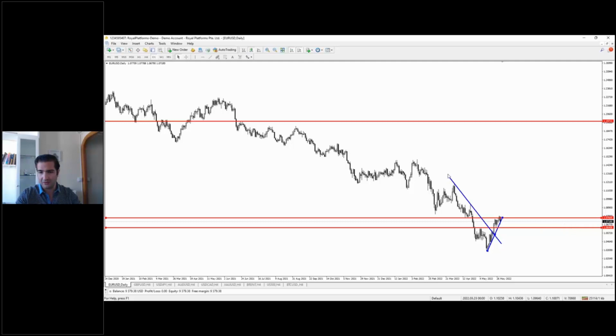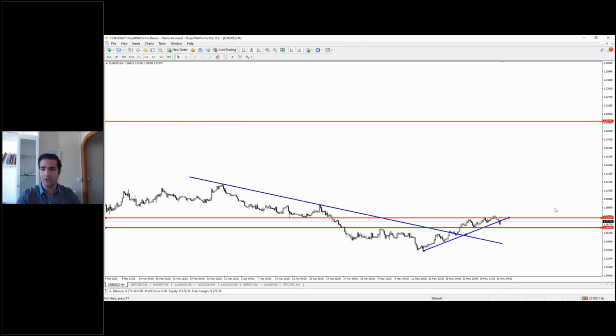So we have a broken upper trend line and resistance, which is a good indication that the buyers are taking control of the market. So our bigger picture, or our main trend direction, is to the upside.